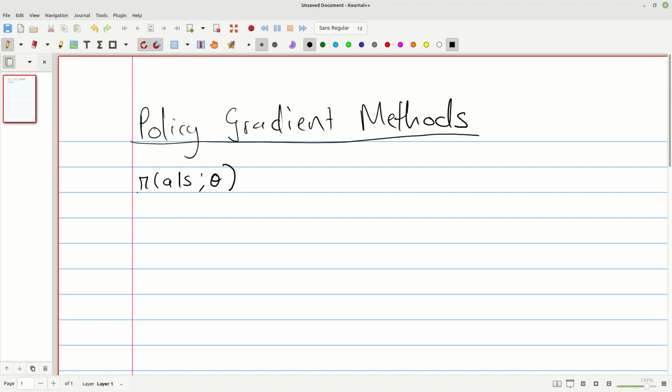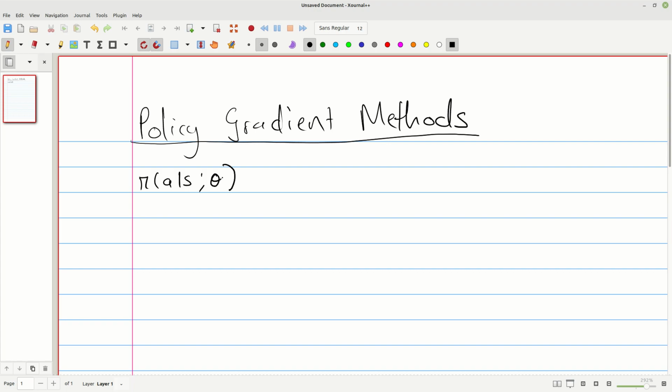This is essentially the probability of taking an action in a given state, except that we're now parameterizing this by theta so that we can use some metric to find the value of theta that maximizes whatever that metric is. So before getting ahead of ourselves, let's first ask the question: how do we define optimal policies?